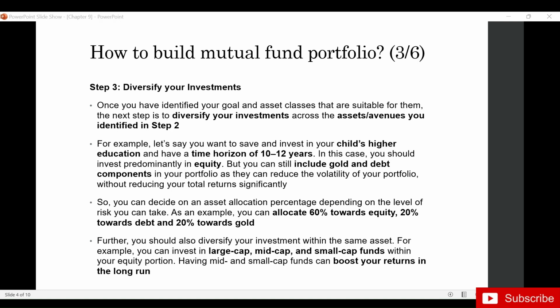Another important point here is that an investor should also diversify his investment within the same asset class. For example, if you are investing in equity, then you can diversify by investing in large cap, mid cap, and small cap funds. Having mid cap and small cap funds can significantly boost your returns in the long term.